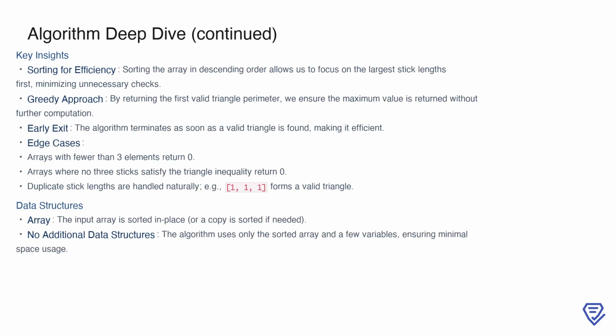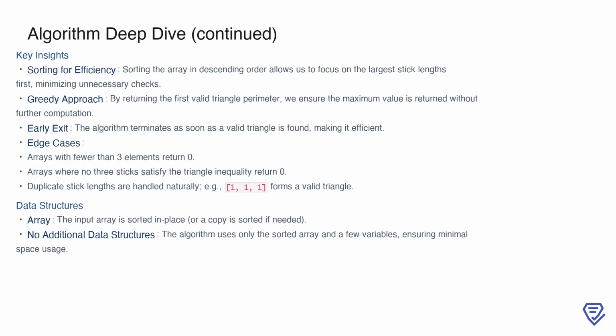This algorithm leverages several key insights to ensure efficiency and simplicity. First, sorting the array in descending order allows us to focus on the largest stick lengths first, which minimizes unnecessary checks. The greedy approach ensures that we return the first valid triangle perimeter, guaranteeing that the maximum value is returned without further computation.